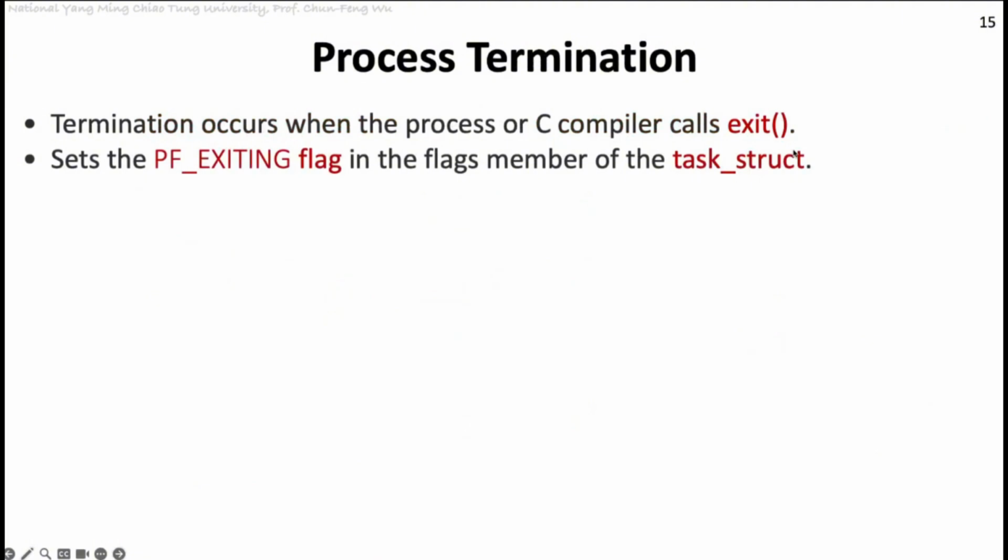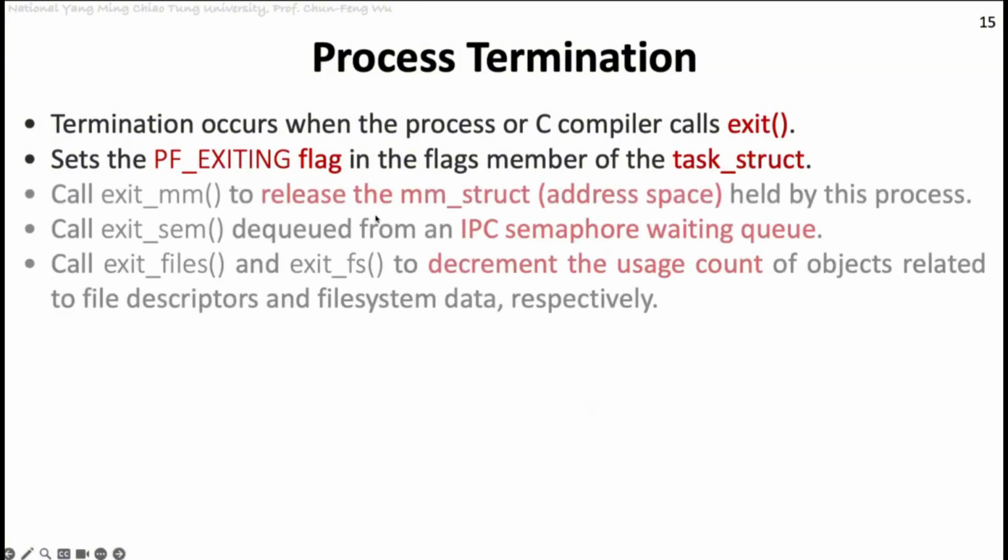There are several things we need to do for this process termination. The first is to set the PF_EXITING flag, the process flag exiting. You can find this flag in the task structure, and if it is set, it means this process is going to be terminated.